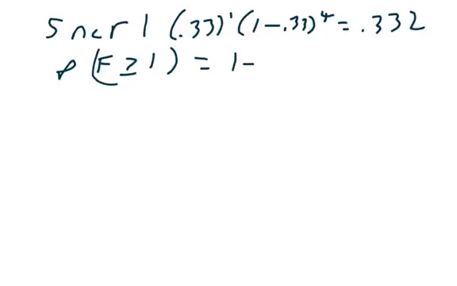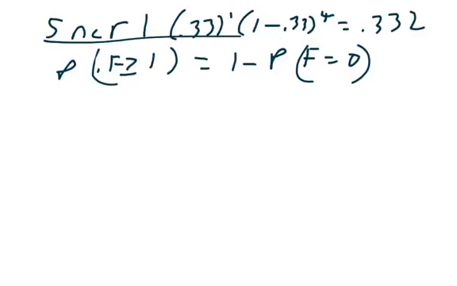In part B, you want the probability that X is greater than or equal to 1, which is the same thing as 1 minus the probability that X is equal to 0.